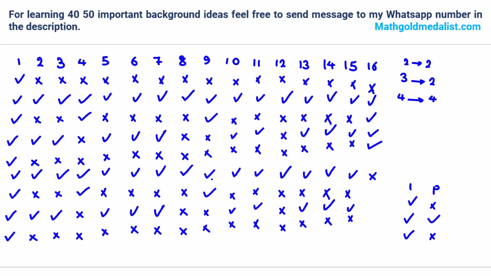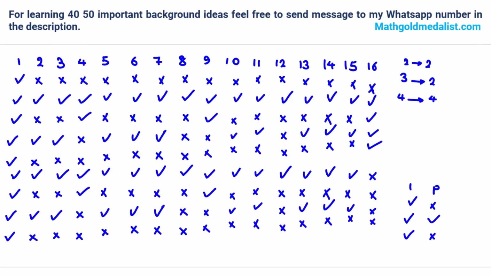X. 1, 2, 4. Yes. Next one will be what? X. So X, right? Because if you pay attention like this, it will be switched, right? Because all things here are same. When it is check and cross, next one will be different, right? Because it is the only one, right?